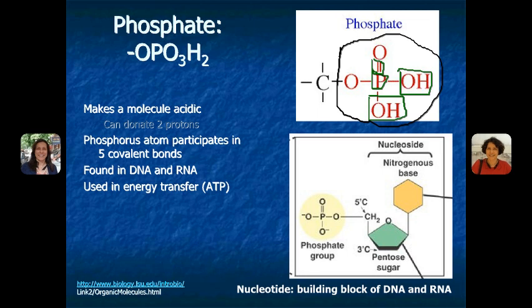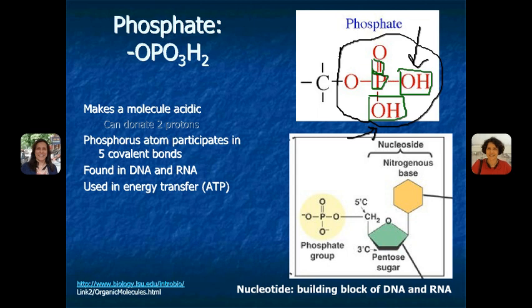Phosphate can donate 2 protons to a solution in a similar way as how we saw the ionization of carboxyl, where 1 proton can be donated. In the phosphate group, both here and here, you can have an ionization and 2 protons can be donated.